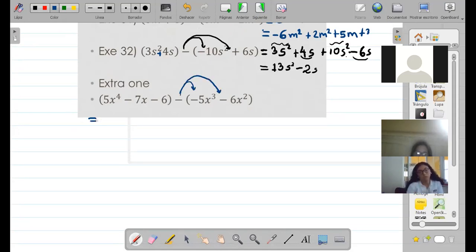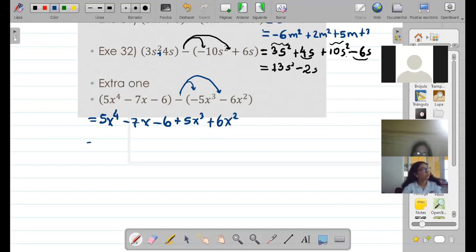This is similar to the last exercise we solved in the last class. What's going to happen with that negative 5x? It's going to be positive. It turns into positive 5x to the third power, sorry. And what happened with that negative 6x squared? The same, it turns into a positive 6x squared.